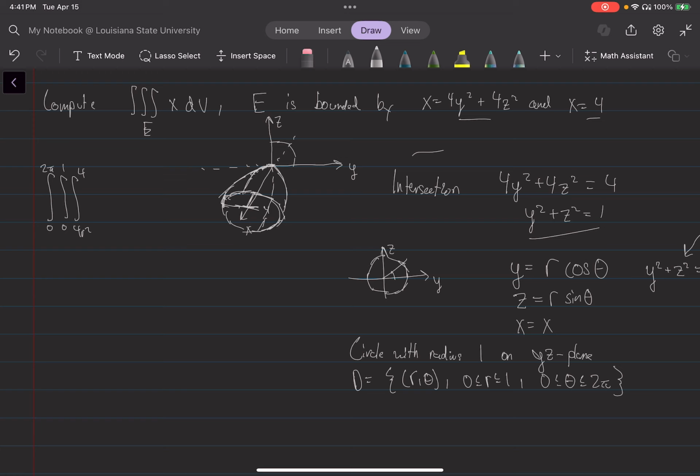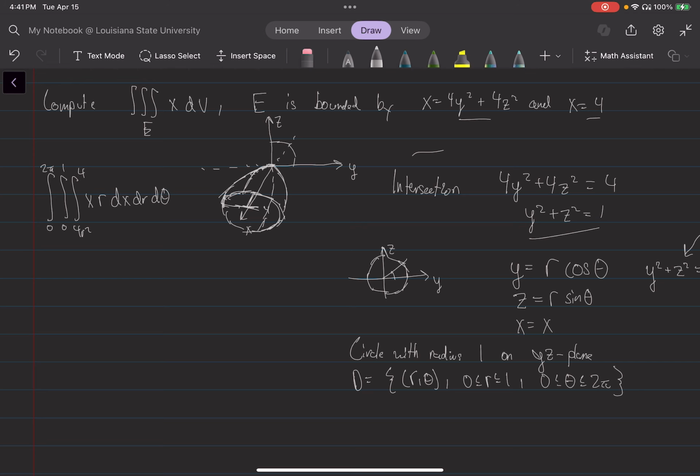First we have x. Well, x is still x, we're integrating over x. But let's not forget, since we're in cylindrical coordinates, we need to scale by r to account for the change of system. We're doing a transform to a different system, so we multiply by r, and then we have dx, dr, d theta.